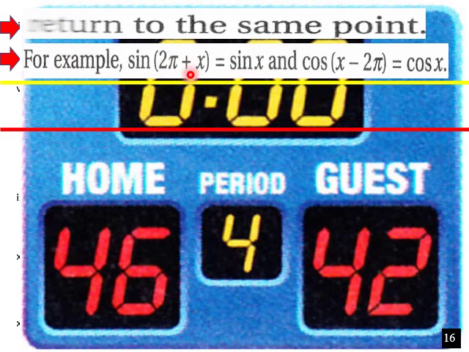So when you add 2 pi to x, you go back to sine x for sine of 2 pi plus x. And for cosine of x minus 2 pi, you'll go back to cosine x as well, because you're going back one complete turn. You just go back to the same point you started with.